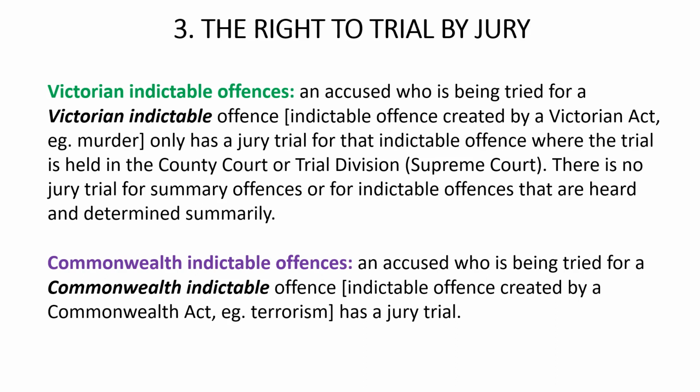The other point to note about the right to trial by jury, both for Victorian offences and Commonwealth offences, is that this right only applies where the trial is for an indictable offence. An indictable offence is a more serious criminal offence. An accused does not have the right to trial by jury for a summary offence, that is, for a more minor criminal offence. As I've said, in Victoria, indictable offences are heard in either the County Court or the Trial Division of the Supreme Court.